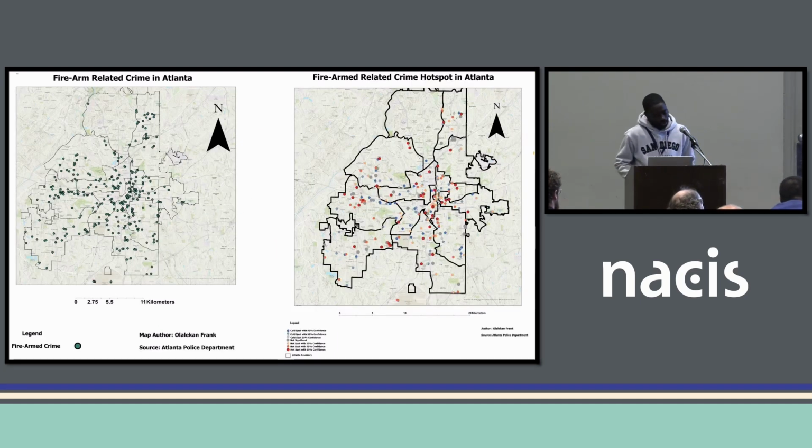Using hotspot analysis, the Getis-Ord Gi* statistics, it looks like central Atlanta, downtown Atlanta, has a high rate of gun violence, with firearms being used in crime. Around that downtown area, there seems to be a higher rate of gun violence.